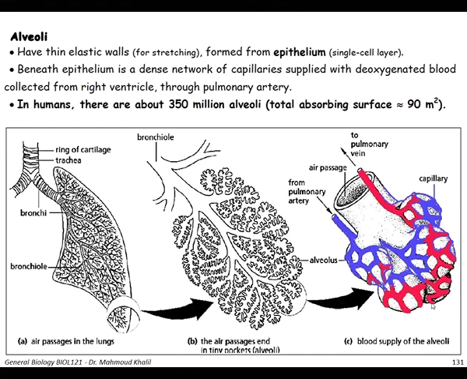So as we said, this alveolus is covered by a dense network of capillaries that are supplied with deoxygenated blood collected from the right ventricle through the pulmonary artery. In humans, it was estimated that there are 350 million alveoli, with a total absorbing surface, or respiratory surface, of around 90 meters.